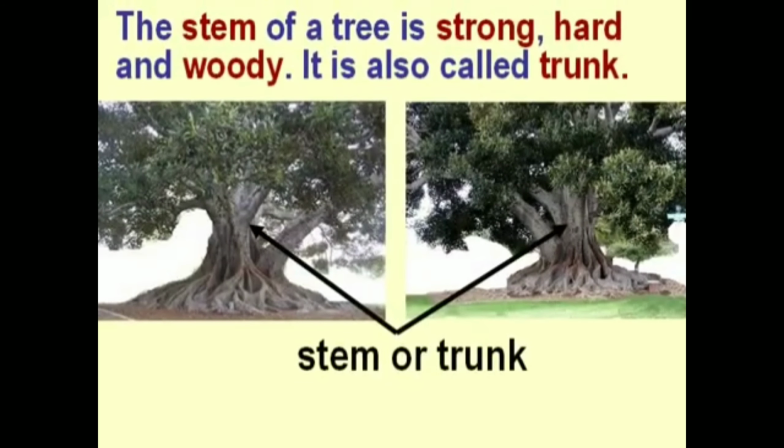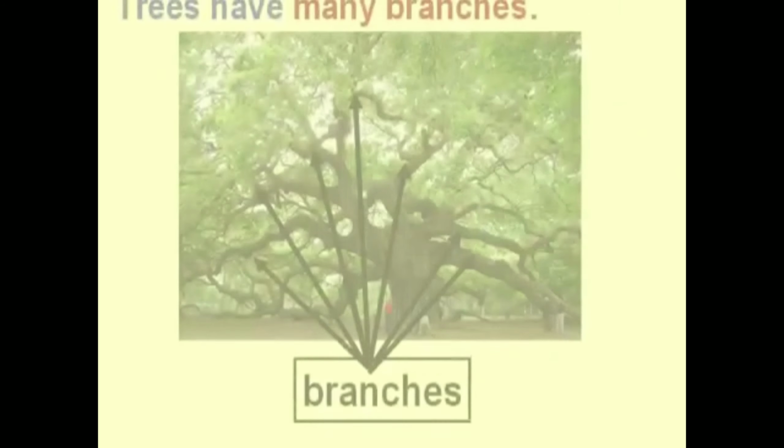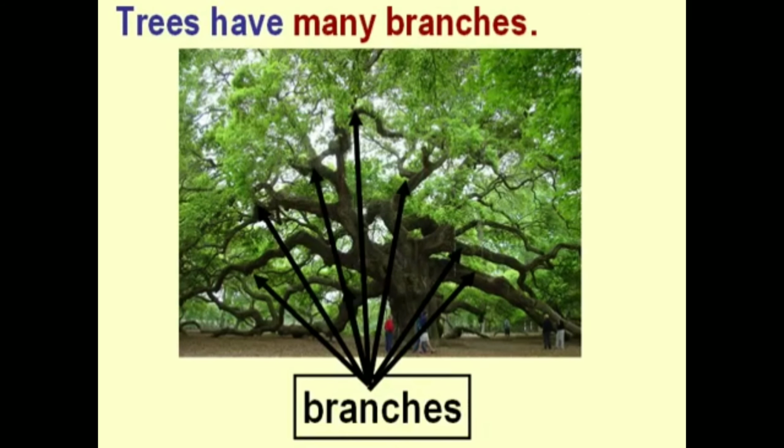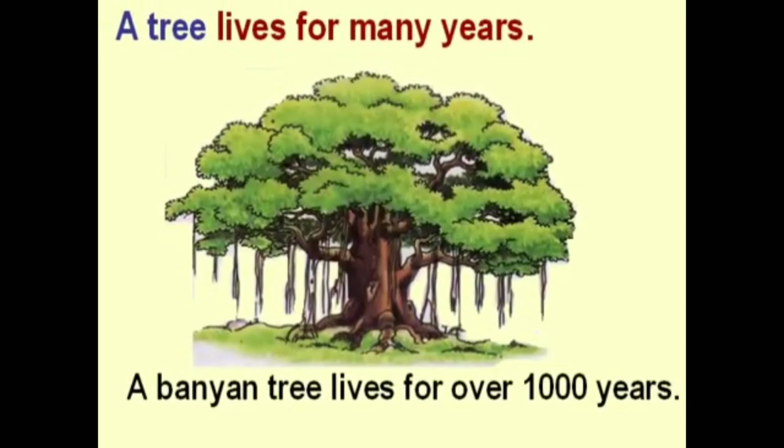The stem of a tree is very strong, hard and woody. It is also called trunk. Trees have many branches, and a tree lives for many years, almost over 1,000 years, like a banyan tree.